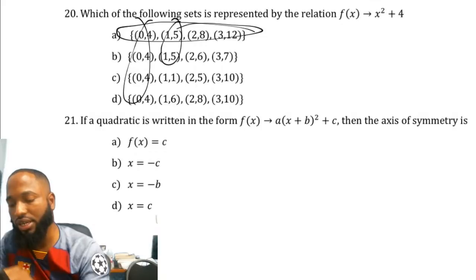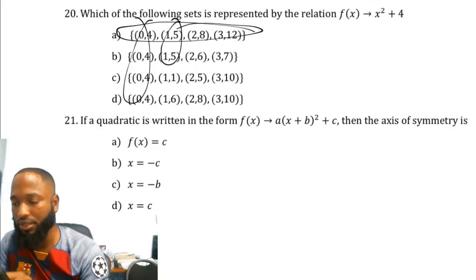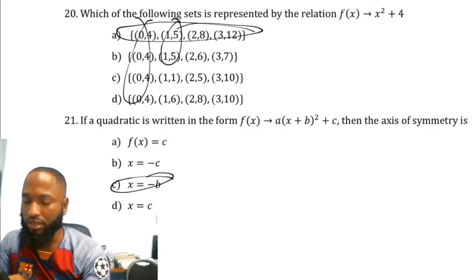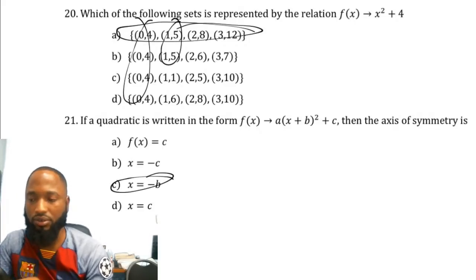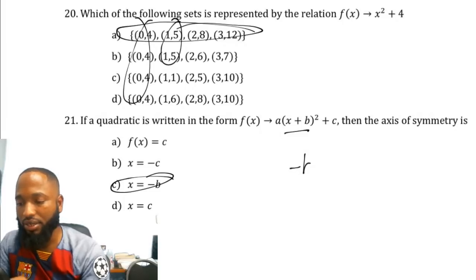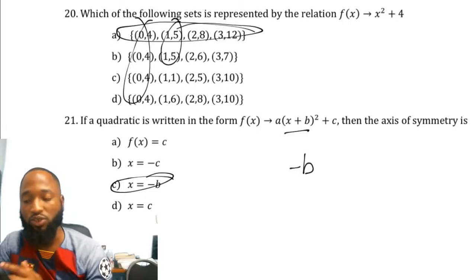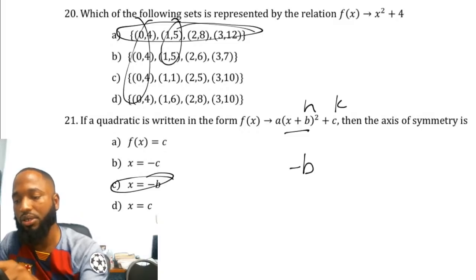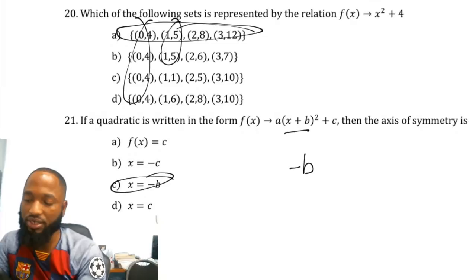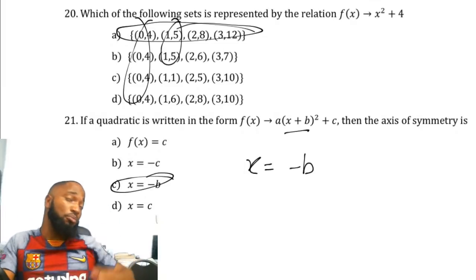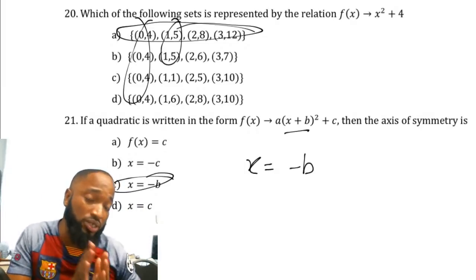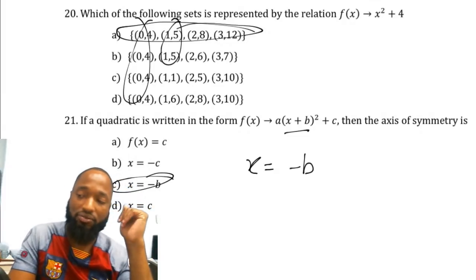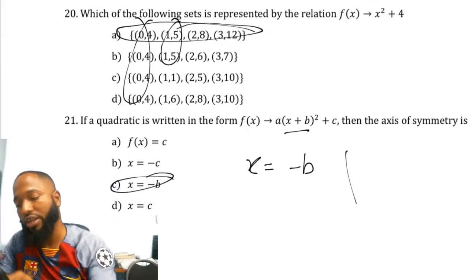If a quadratic is written in this form, the axis of symmetry is x equal to negative B. Remember we said the x value would be the additive inverse of that B or H or whatever you put here, whether it's H or K. So negative B would be the x coordinate of the minimum point. So we use x equal to that as the axis of symmetry, right along that parabola.